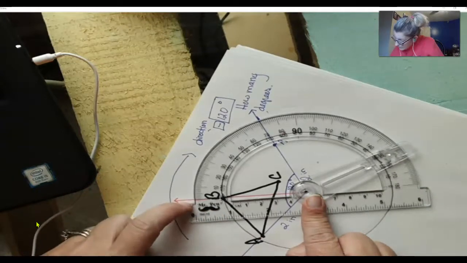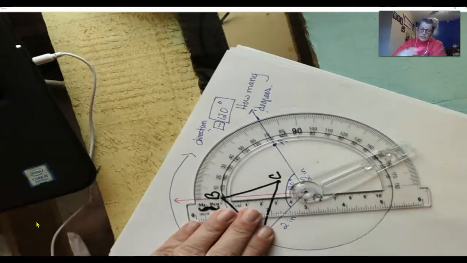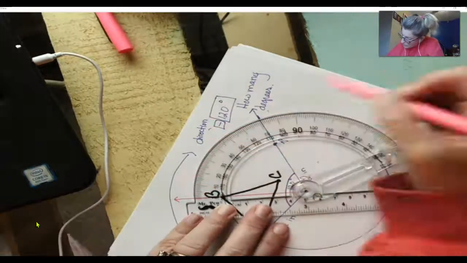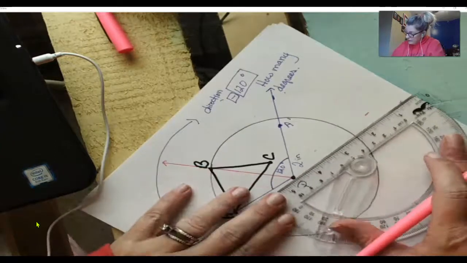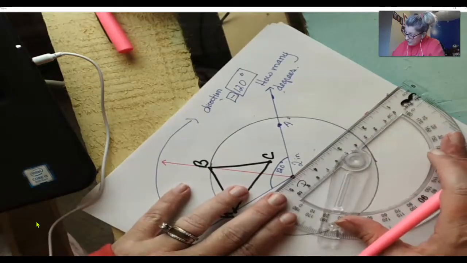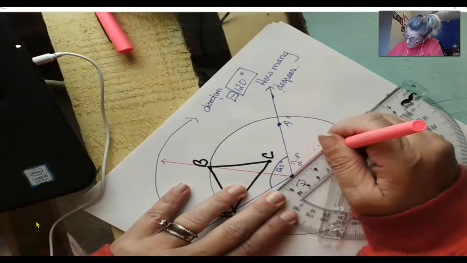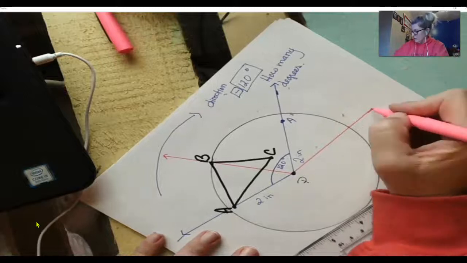Line up my line. Goes through my 0, and I'm looking for 120 degrees. So I'm going to go over, here's my 120. So I'm going to draw that line. That's my other ray, which you'll notice is also a radius for that circle. Okay.